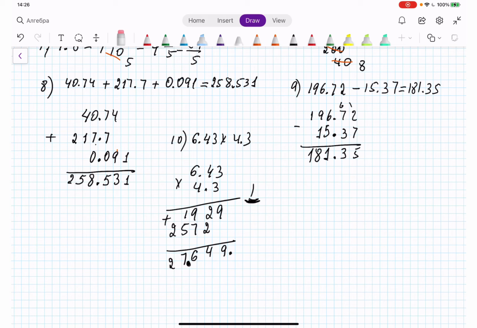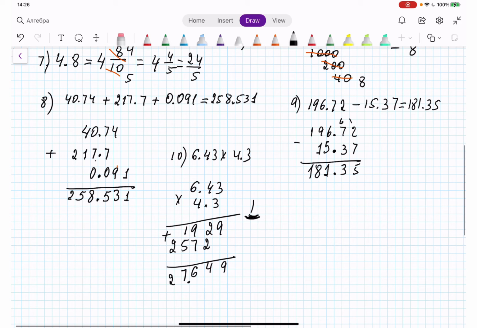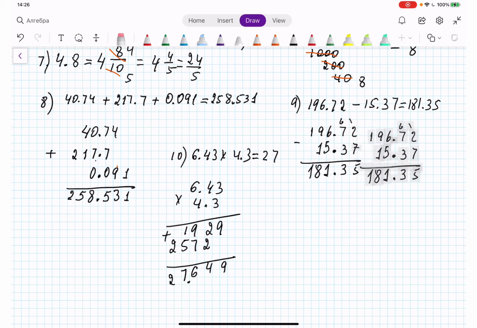This is our decimal point. 27.649. Okay.